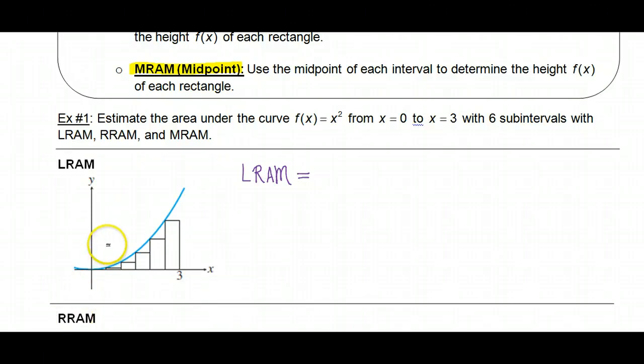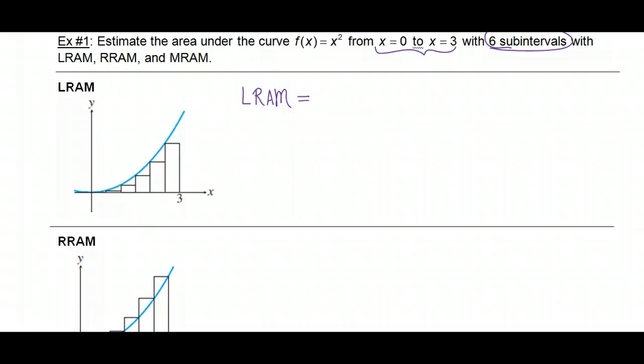Now there's some important information in the directions here. It goes from 0 to 3 with 6 subintervals. One thing I forgot to put in there: we're going to use 6 subintervals of equal length. If this is 3, this would be 1, this would be 2, and this would be a half here.